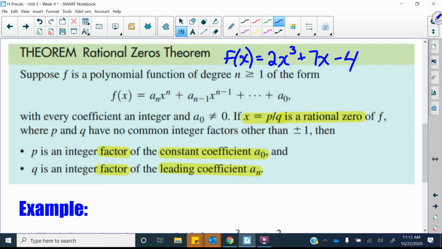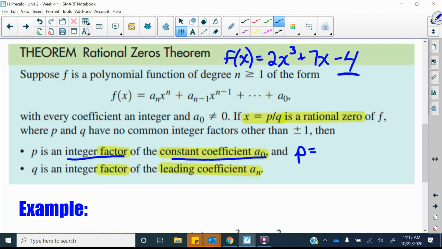So the p-value that we're going to come up with here, p is always going to be an integer factor of our constant coefficient. So we're looking for what integer values could divide into our constant coefficient. Looking at this example, our constant coefficient, of course, is -4. So we want to figure out all possible factors of -4.